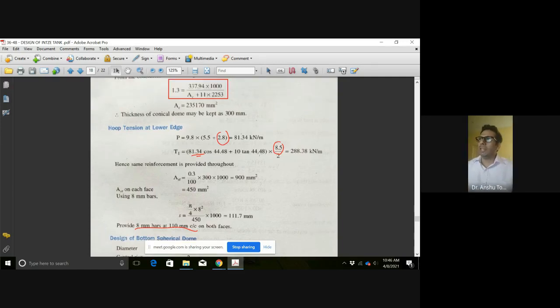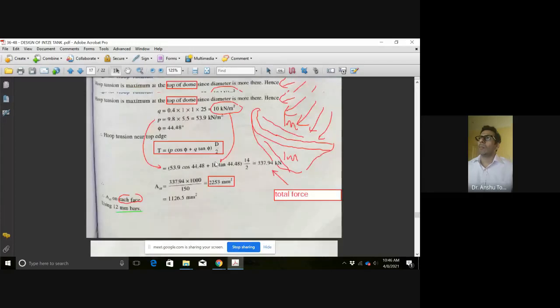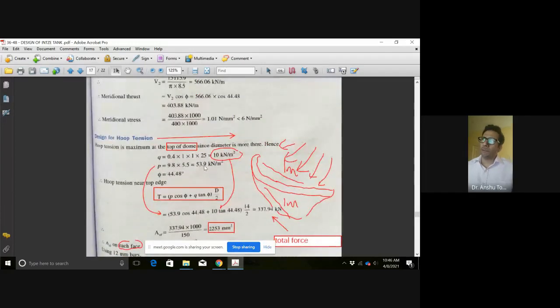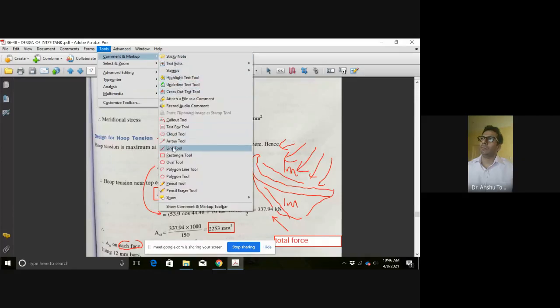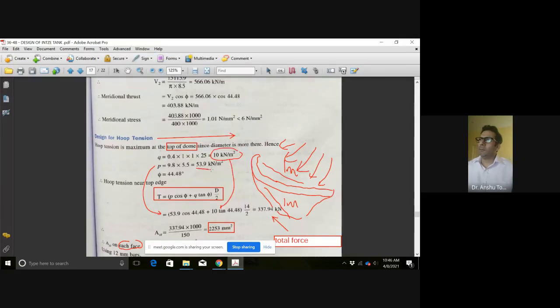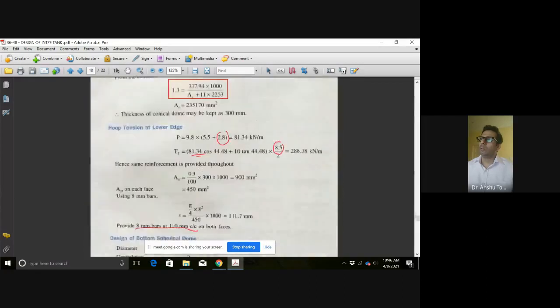And now you can see at the bottom level, the stress due to water is going to increase because the volume of water is increasing. It has increased from 53.9 to 81.34.